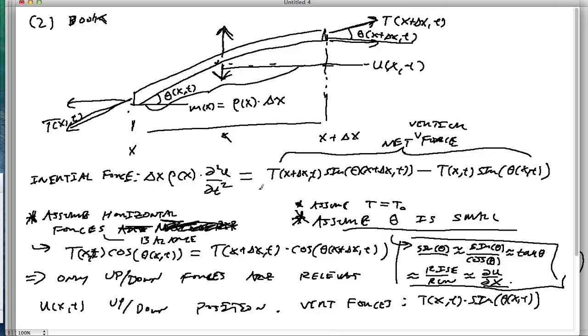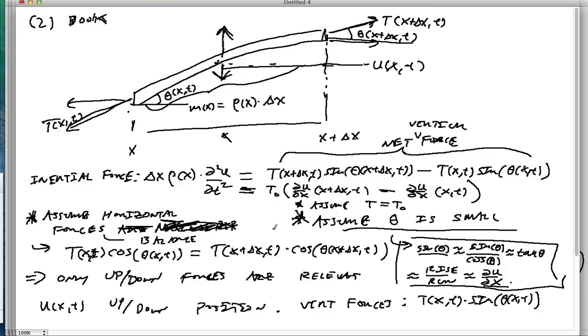We'll call it T0, in which case we write T0 times the partial of u with respect to x evaluated at (x+Δx,t), minus the partial of u with respect to x evaluated at (x,t), with a parenthesis around that.